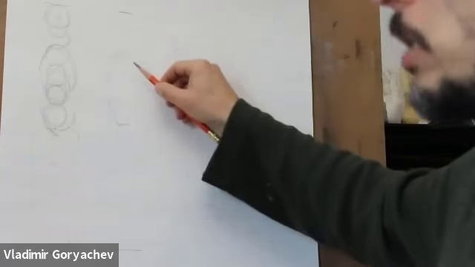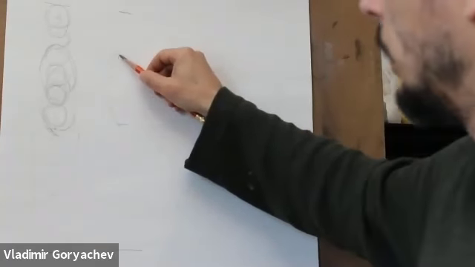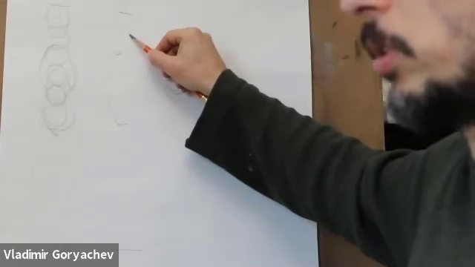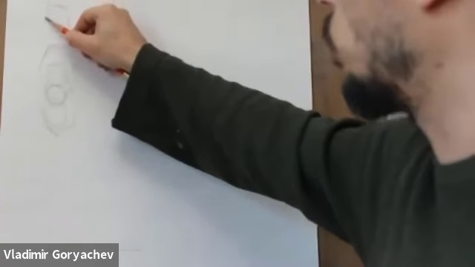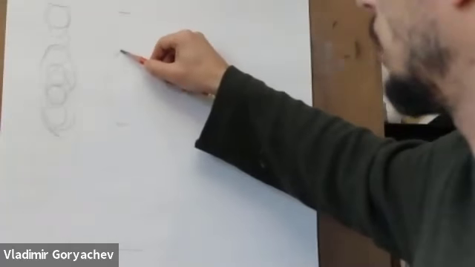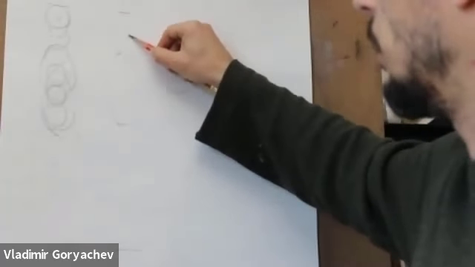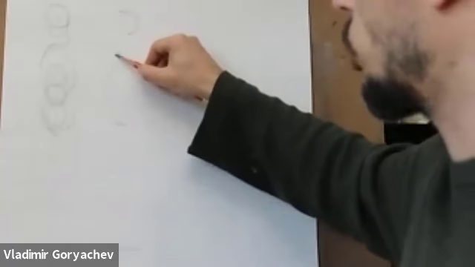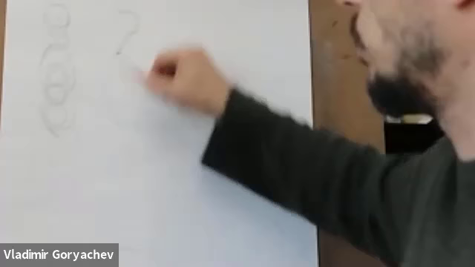I'm trying to do a side view in here. Again, from the pit of the neck to the back of the skull, this round portion right here, that's about the same, about halfway. We can actually draw that sternomastoid muscle that connects them.